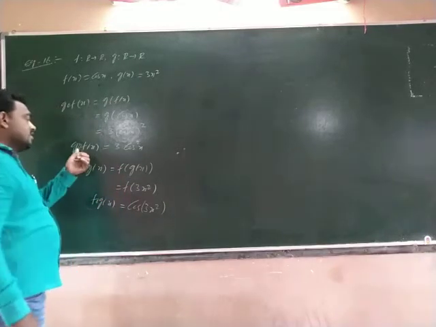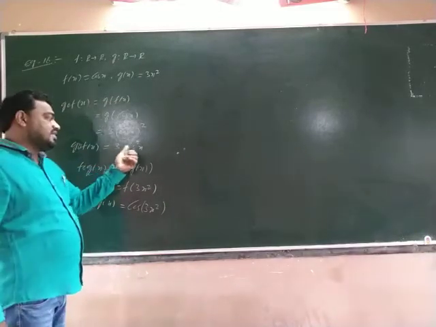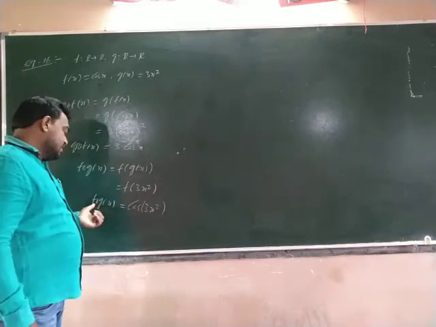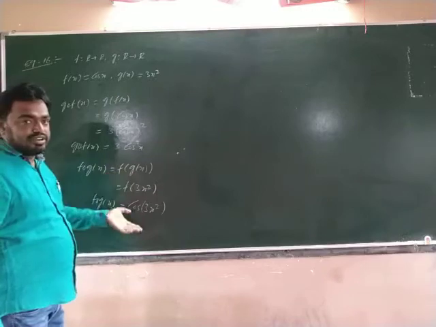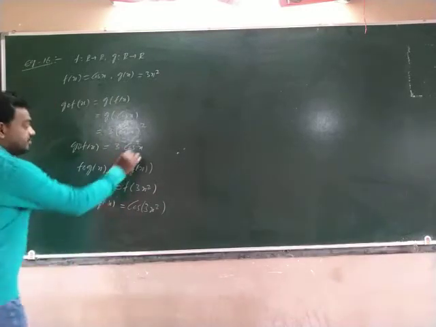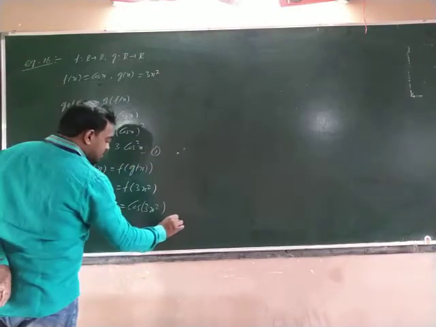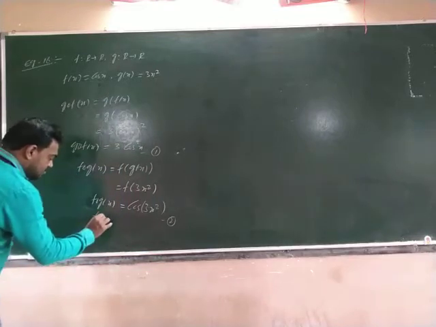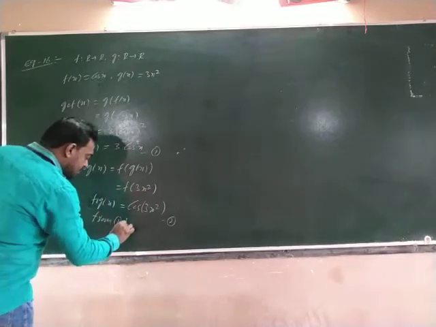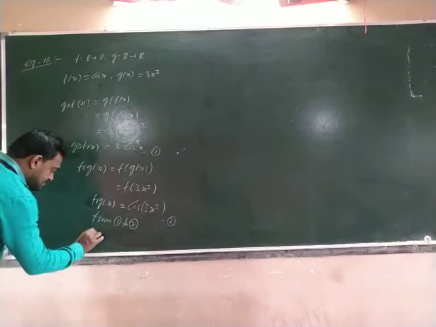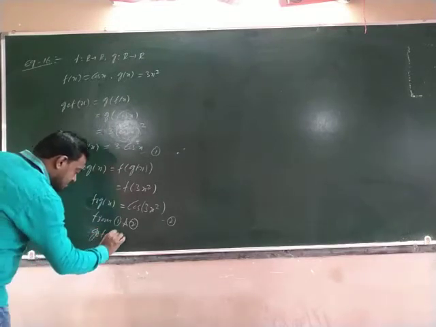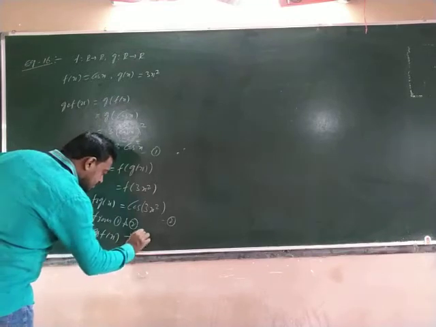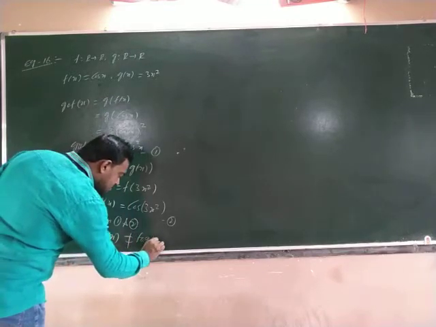You see, G circle F of x is 3 cos square x, and F circle G of x is cos of 3x square. Are both equal? No, both are not equal. Take this as 1 and this as 2. From 1 and 2, G circle F of x is not equal to F circle G of x.